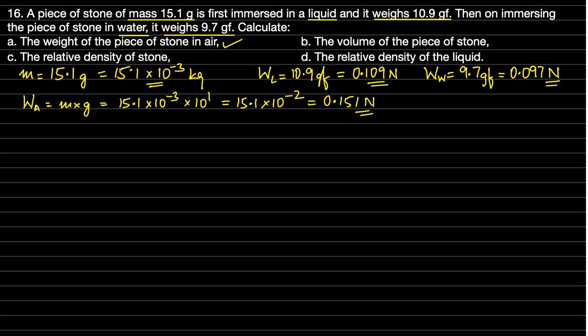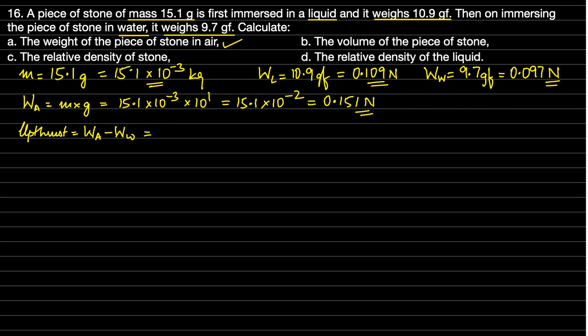Now upthrust is always going to be weight of the body in air minus weight of the body in water. So here I would write upthrust is equal to weight of the body in air minus weight of the body in water.